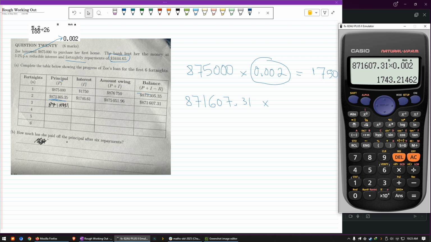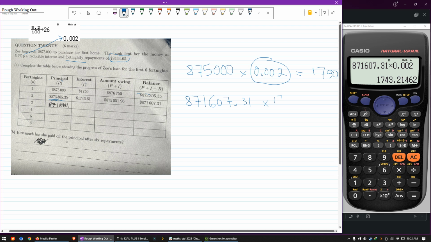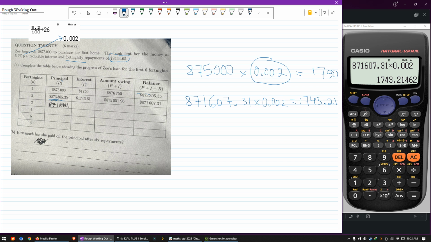So that's how much interest: 1743.21. So over here we can write down 1743.21.